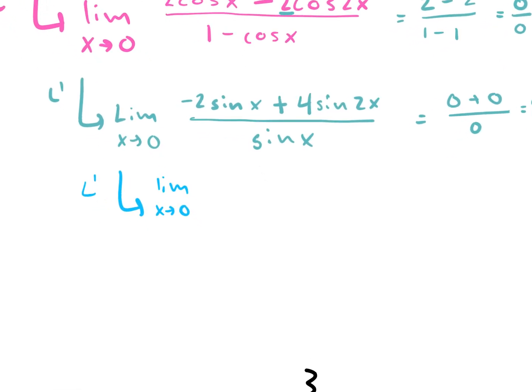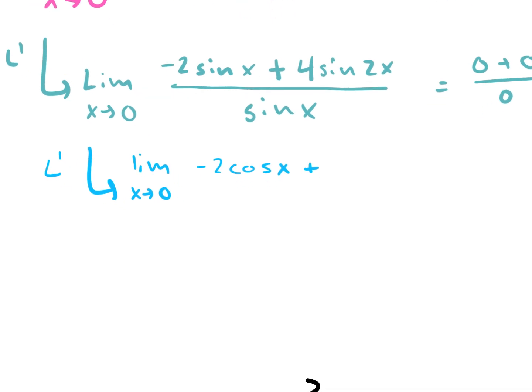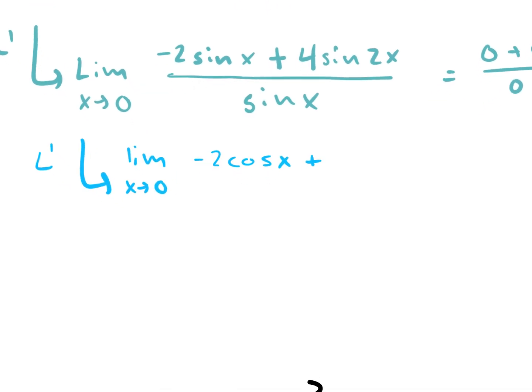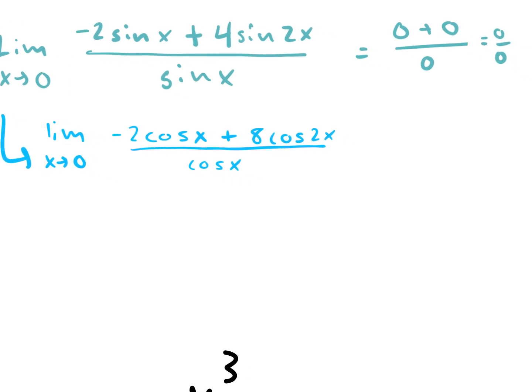Our derivative of sine of x would be cosine of x, so negative 2 cosine of x. Plus, what would our next derivative be of 4 sine of 2x? 8 cosine 2x, awesome. Over cosine of x. Feeling good about this one. Let's plug in 0. What's cosine of 0? 1. So 1 times negative 2 would be negative 2.